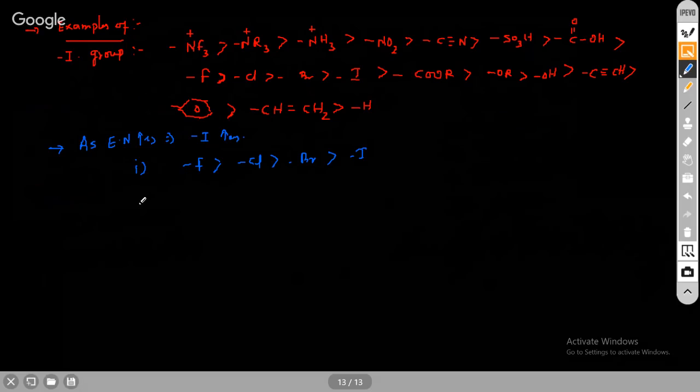Okay, second one, you see, if I ask you to compare the electronegativity of OH and SH, which one will be more? If I ask you to compare the electronegativity of NH2 and PH2, NH2 and PH2.